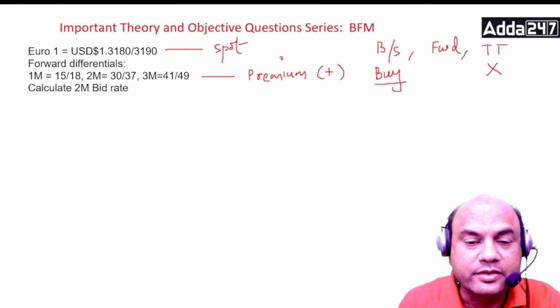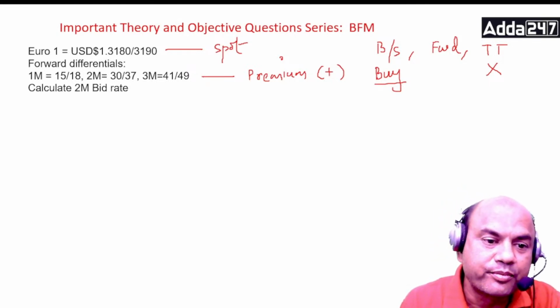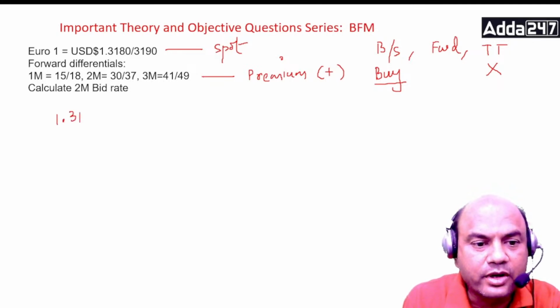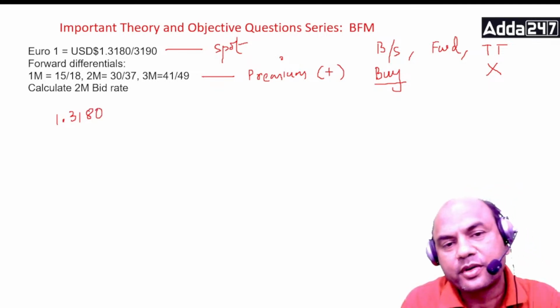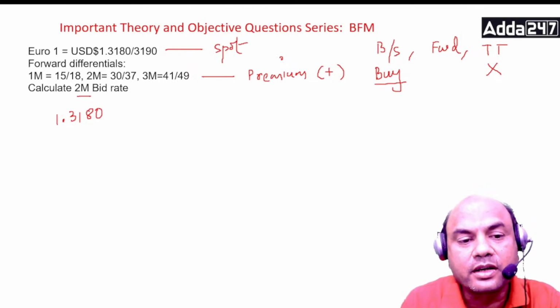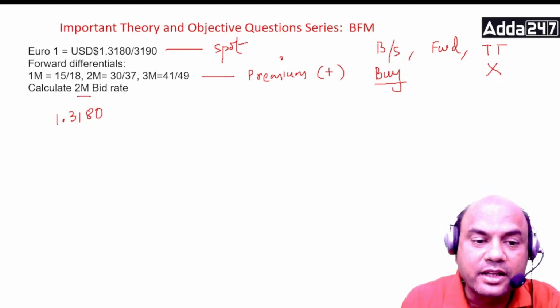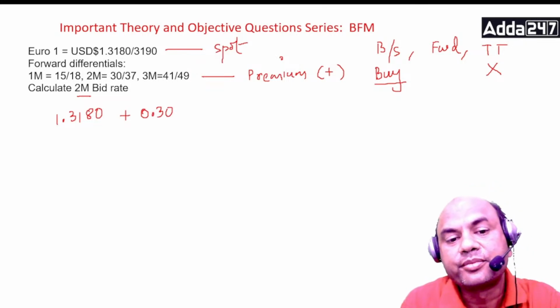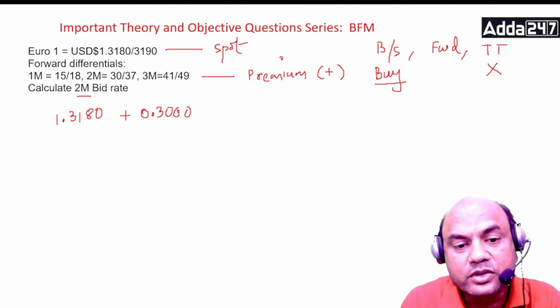Forward points we have to find out. The spot is given, 1.3180. Now I want the 2 month bid rate. The 2 month rate given is 3037, so I'll take 30 over here, which is 0.0030.